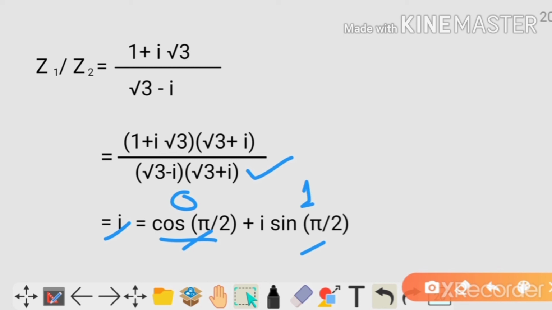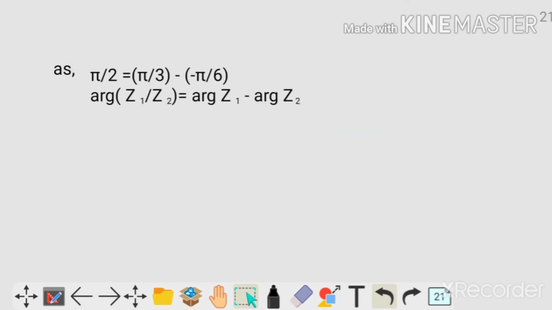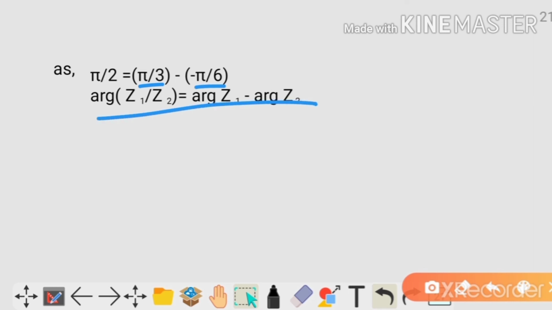So it shows that the argument of Z1 by Z2 is equal to pi by 2. Then we can write that pi by 2 is equal to pi by 3 minus pi by 6. So it satisfies this condition and here we can say it is proved.